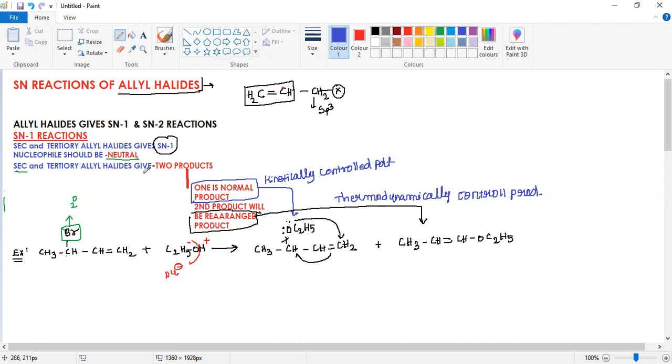So if you go for the mechanism for this one, the normal product and the rearranged product.